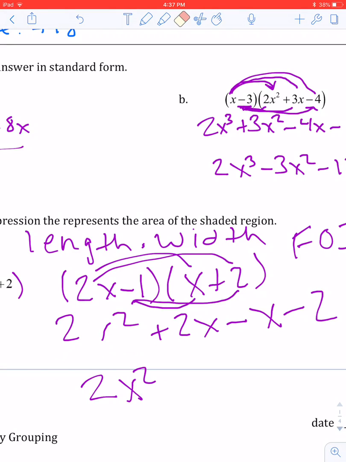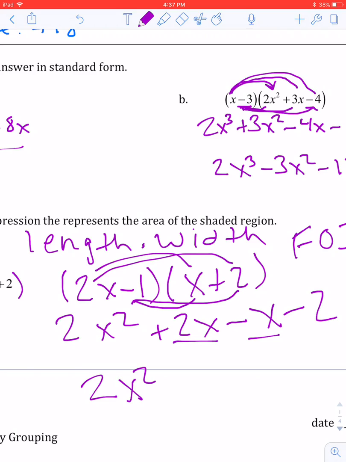Trying to find the next one, I can see that these both have a variable of x to the degree of 1. It's not there, but it is assumed that the exponent is 1. So I'm going to combine a positive 2 with a negative 1.